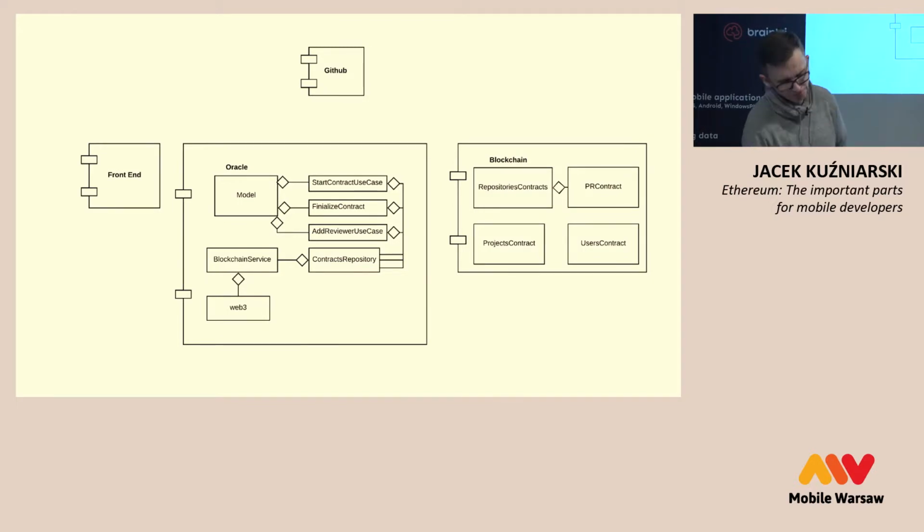The front-end part, which would display our things, and we would have the Oracle, which we tried to approach with clean architecture in mind: repositories, use cases, and so on. It is possible. We wrote it in JavaScript. That was quite new to us. Many people hate JavaScript. It was fine, I guess. And there is the blockchain part, which would have repositories, smart contracts, and so on, and different info stored on it.